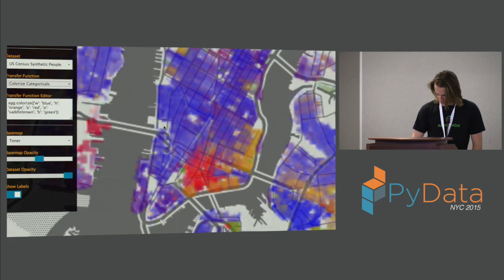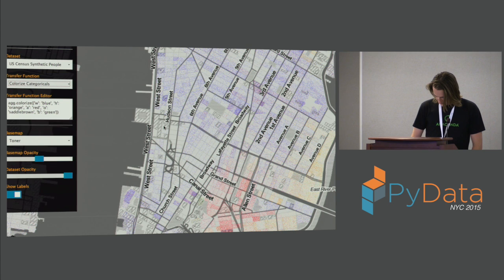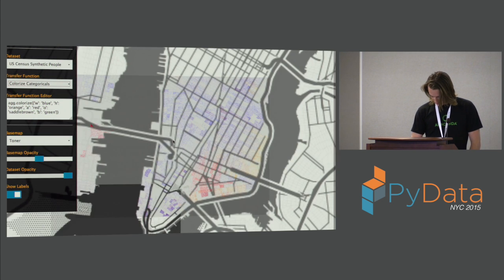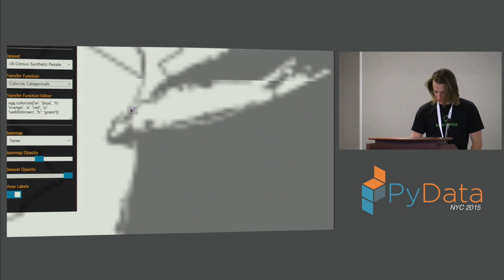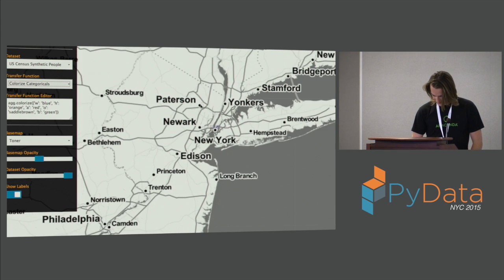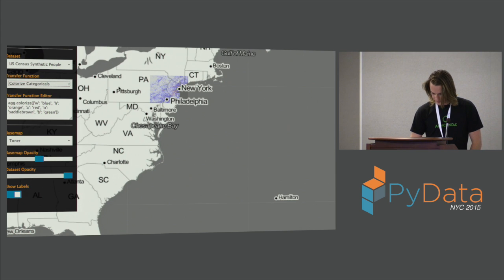Let's see if we zoom in on where we are. Get out a little bit. Let's see, I'm trying to think of other fun things to do. So Detroit. All right. Go out a bit.